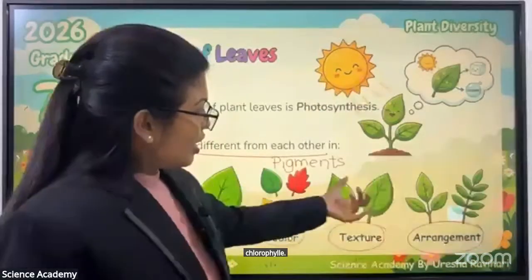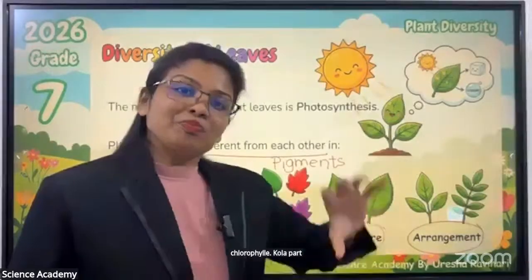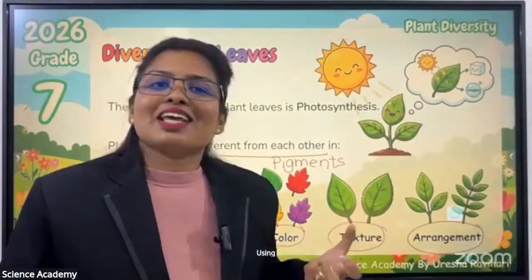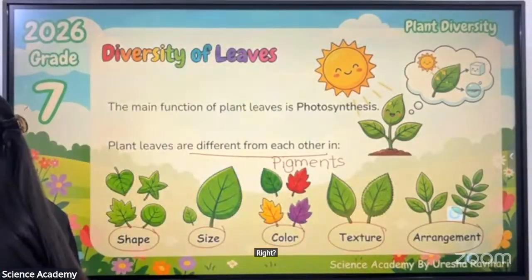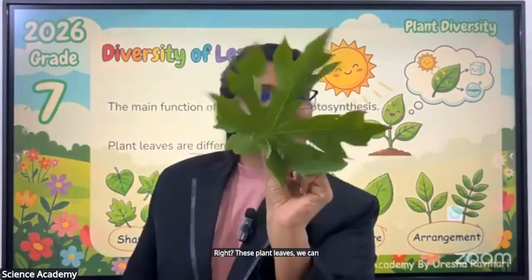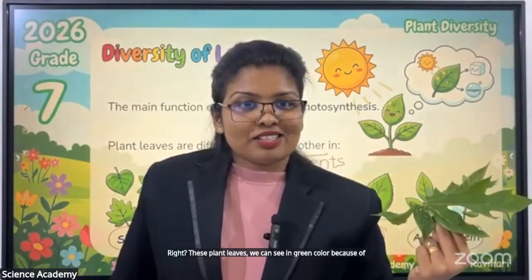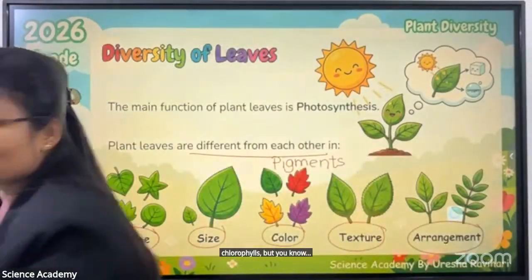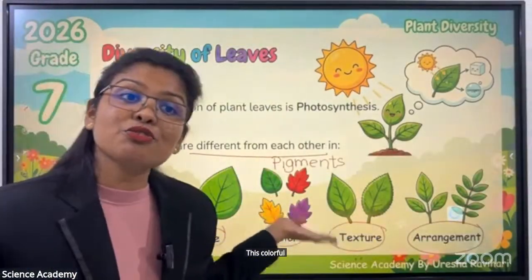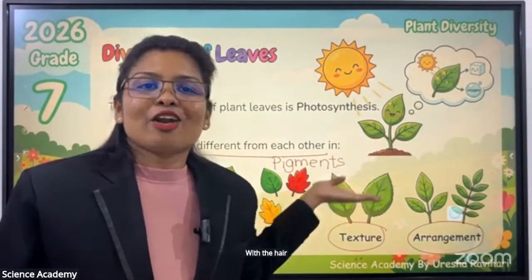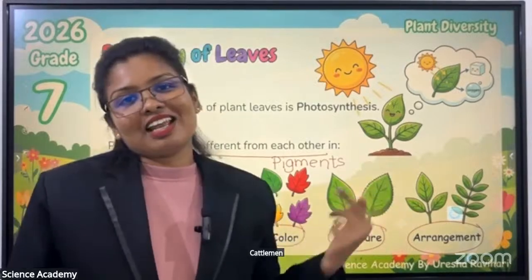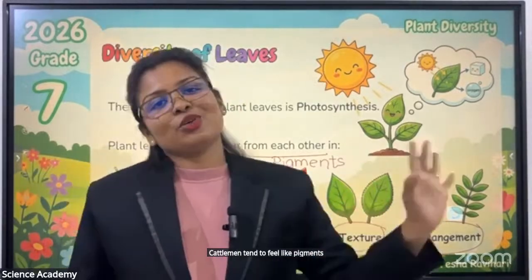Using chlorophylls, they do photosynthesis. These plant leaves we can see in green color because of chlorophylls. But these colorful plant leaves do photosynthesis with the help of carotene and xanthophyll-like pigments. I hope that you understood.